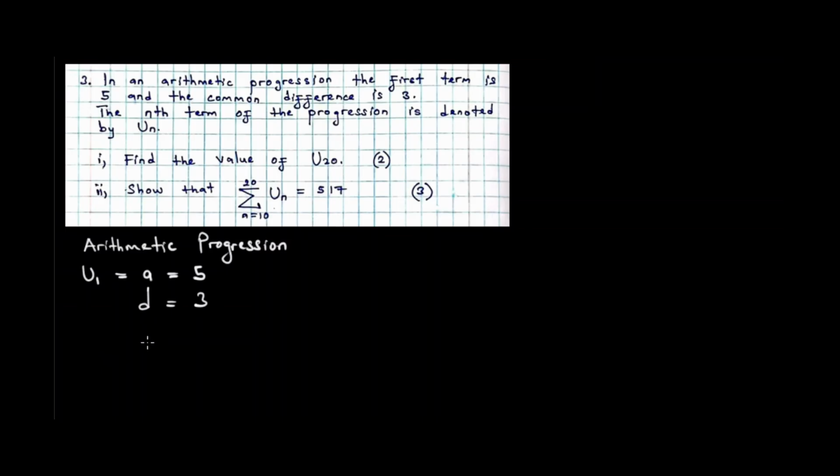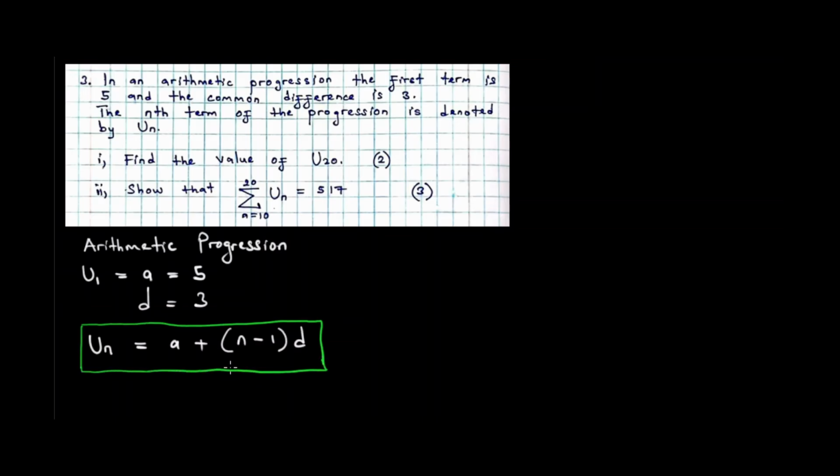In order to answer part 1, we need to know that the nth term in an arithmetic progression is given by this formula: a plus bracket n minus 1 times d. This is the formula which gives the nth term, and let us bracket it because of its importance.